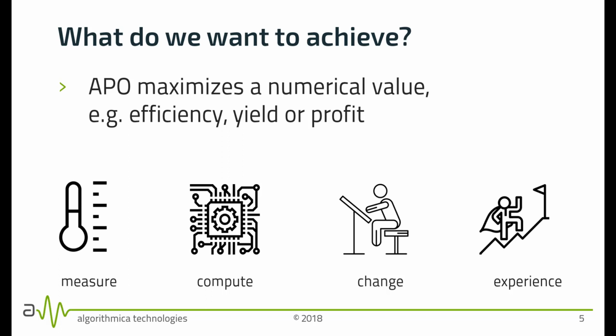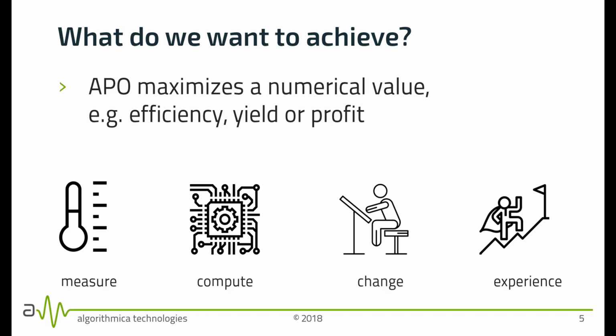And the sequence of steps that's going to be executed over the long term when the APO product is in use is that we measure quantities in the process, we compute the mathematical model, come up with suggestions, then a human operator looks at those suggestions and makes any changes that may or may not be required, and as a result, you experience the improvement of the key performance indicator you want to optimize.